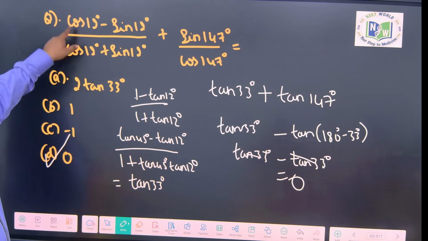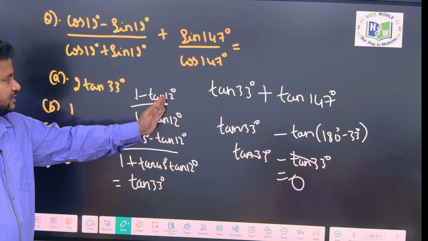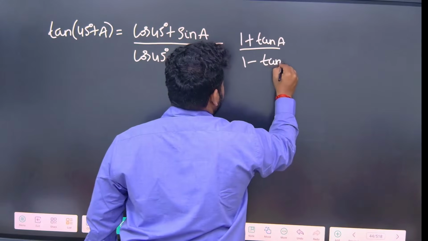So based on this, if they give cos and sin like this, you have to remember the formula: 1 minus tan 12 by 1 plus tan 12. Let me write a formula for you to remember. Tan of 45 plus a can be written as cos 45 plus sin a by cos 45 minus sin a, that is nothing but equal to 1 plus tan a by 1 minus tan a.